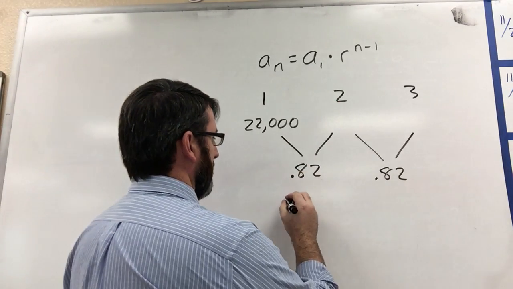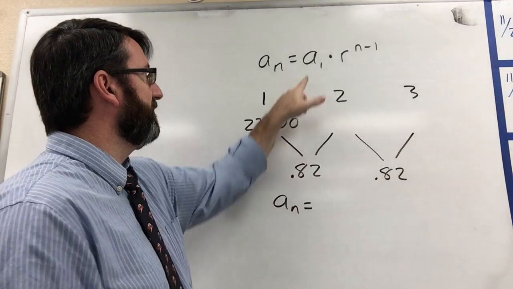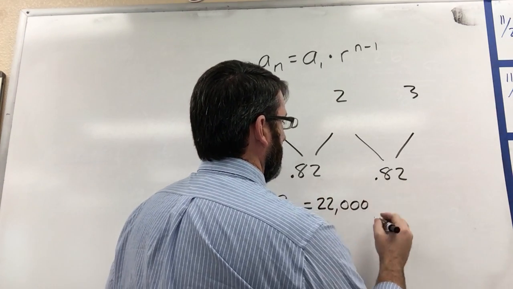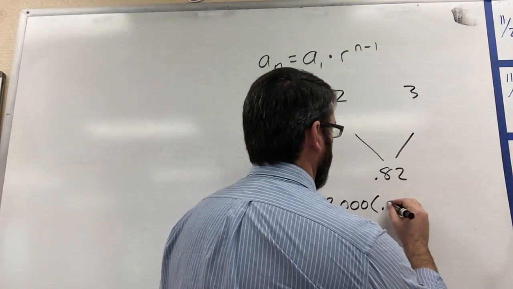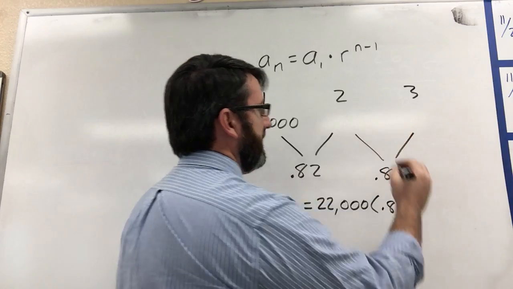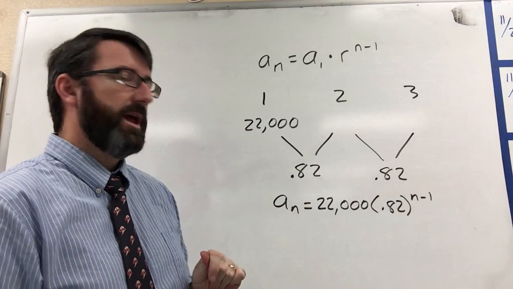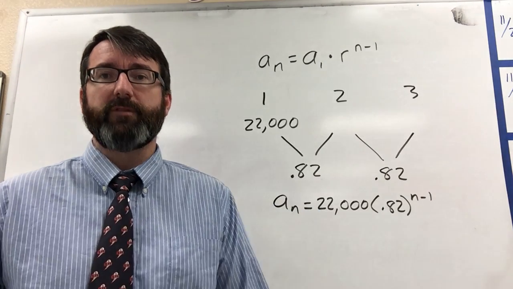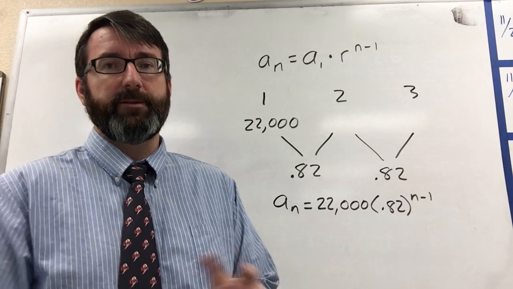So a sub n, the nth term in this sequence, is going to be equal to the first term, which we know is 22,000, times the common ratio, which is 0.82, taken to the n minus 1 power. And now we can use this information to solve our problem, which was, what is this car going to be worth in the year 2015?